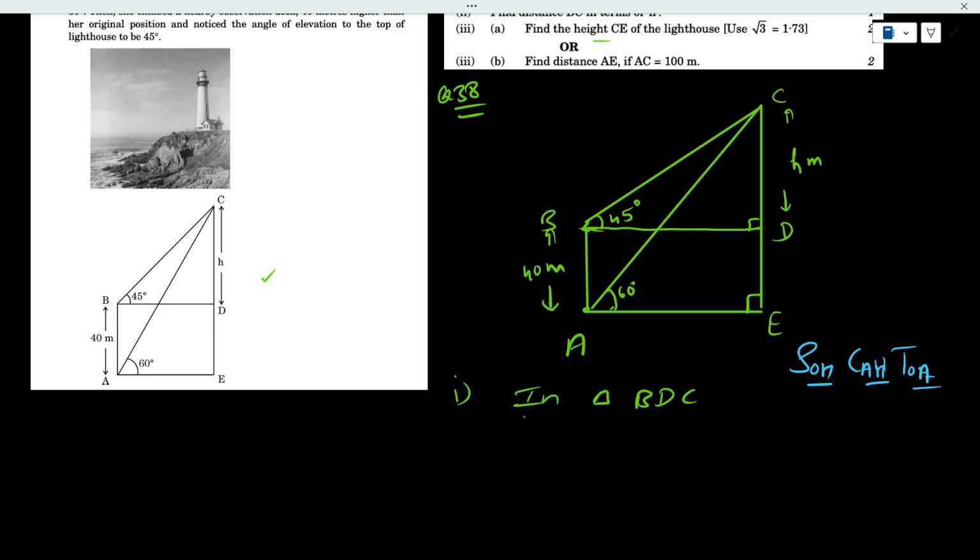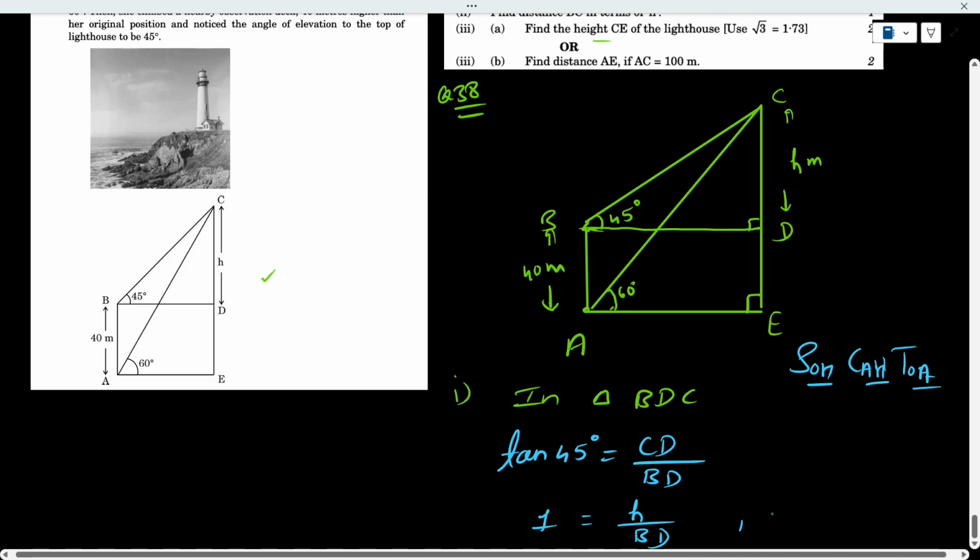So we'll take tan 45. Opposite is CD and adjacent is BD. Tan 45 is 1, so 1 equals H by BD. So BD in terms of H is BD equals H meters. This is your finding.